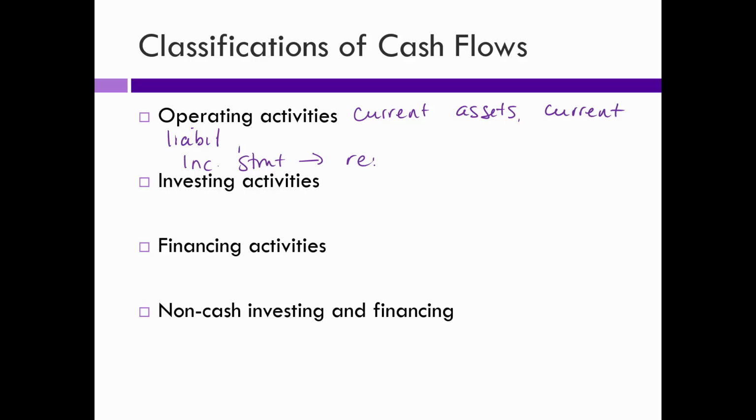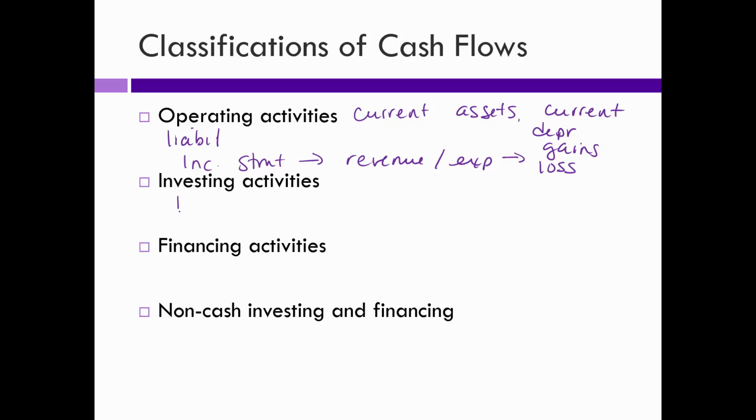So revenues and expenses, we always start with net income, which summarizes those revenues and expenses, but then we'll have a couple other little things from the income statement there. The other things that we'll have to worry about are depreciation, gains, and losses. Again, all that would be from the income statement. So current assets, current liabilities, and anything from the income statement goes under the operating section.